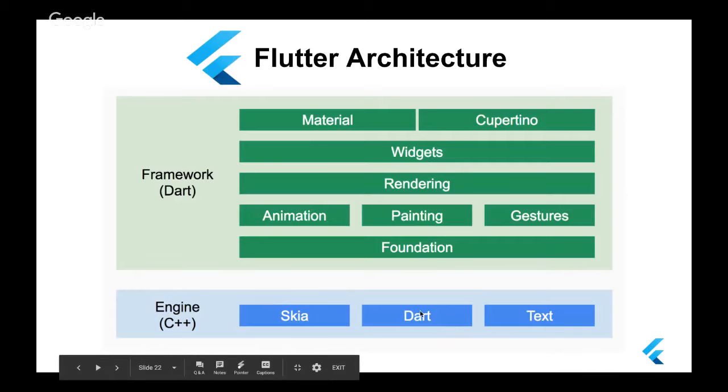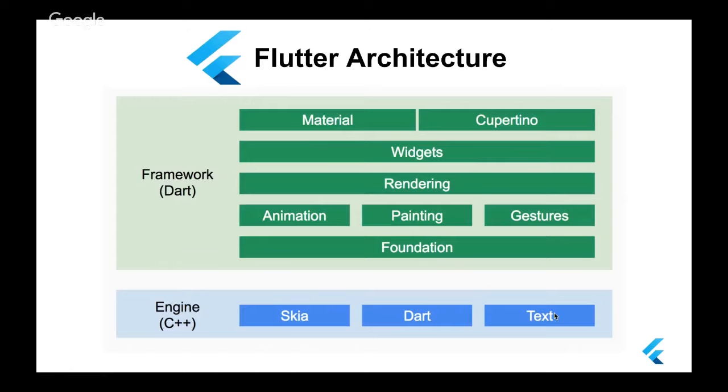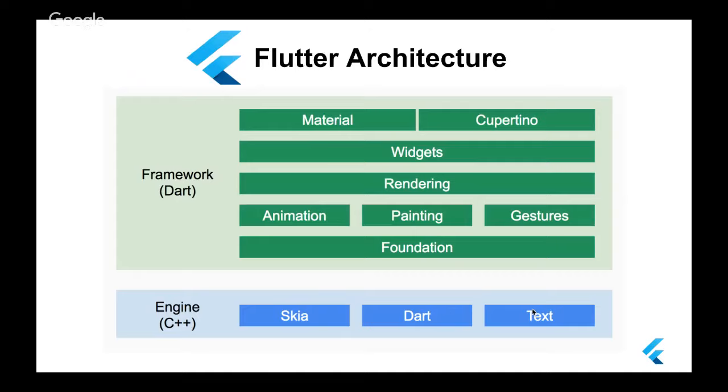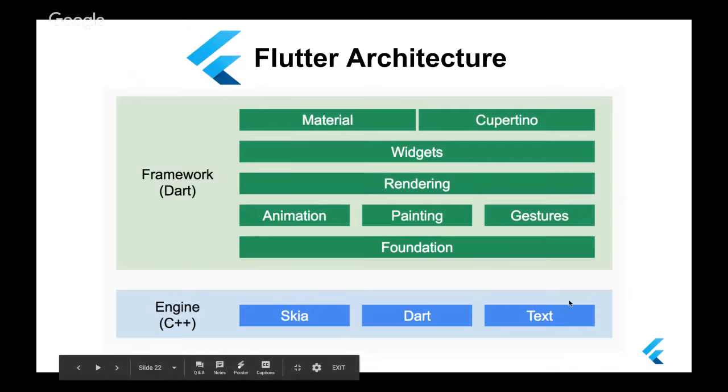And you have the Dart compiler or the Dart VM, which is responsible for compiling the Dart language. They also imported the text engine from Chrome into Flutter, because the text engine already exists, so they did not reinvent the wheel. The text engine already supports a lot of languages, Arabic, English, Chinese, and any other language has great support.